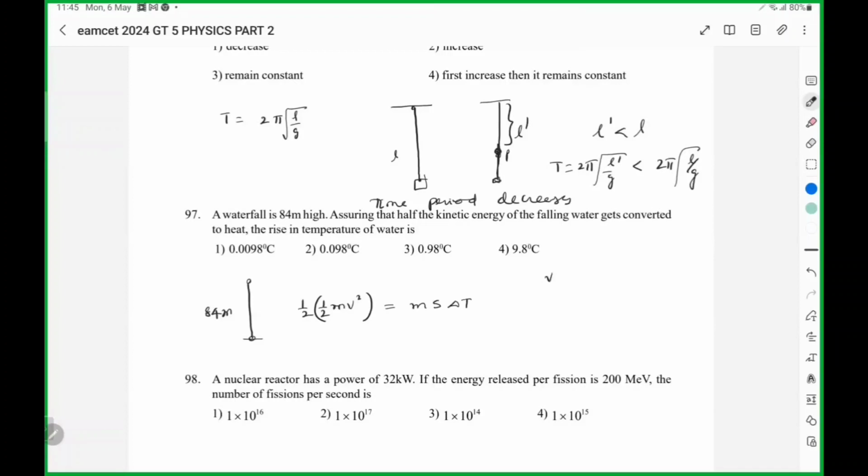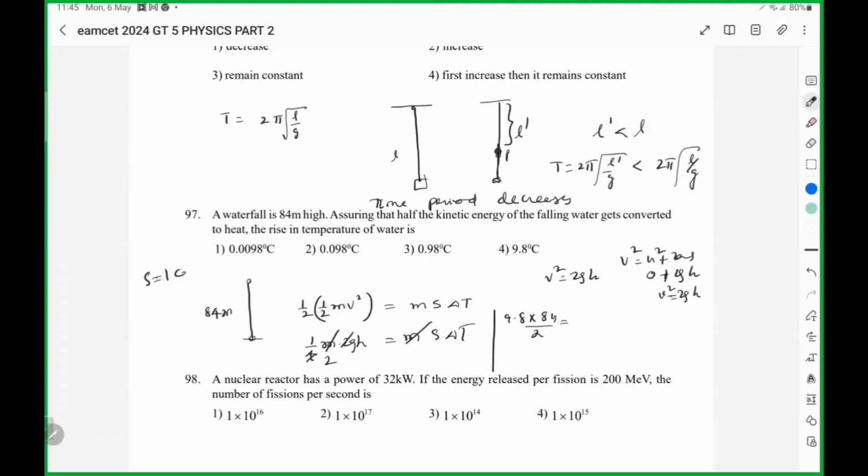Here v square becomes 2gh, because v square is u square plus 2gh, and initially the water velocity is zero. So v square is 2gh. So 1/4 m into 2gh equals m into s into delta T. g is 9.8, h is 84 by 2.